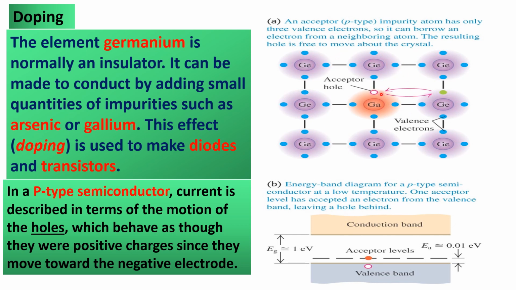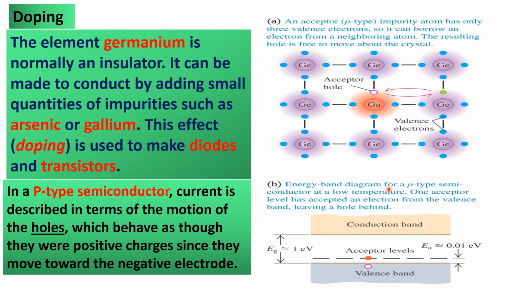Since there is a vacancy of an electron, that vacancy is what we call the hole. It is just an apparent charge similar to a positive charge. It's in fact a space where there is no electron occupying that space.